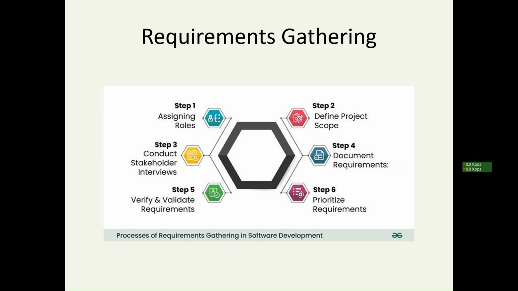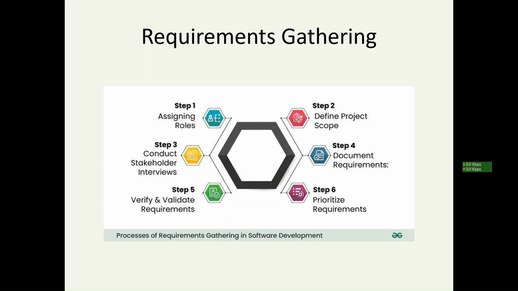In requirements gathering, first you assign roles to the people, then define the scope of the project. Next, conduct stakeholder meetings; stakeholders means all the people who are involved in the project. Next is to document the requirements.